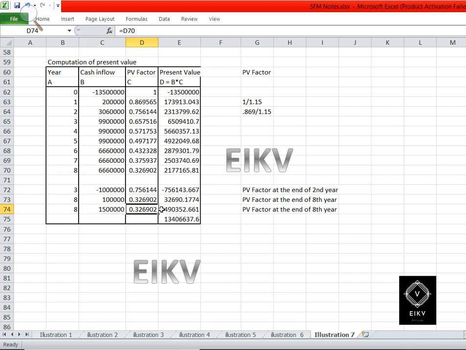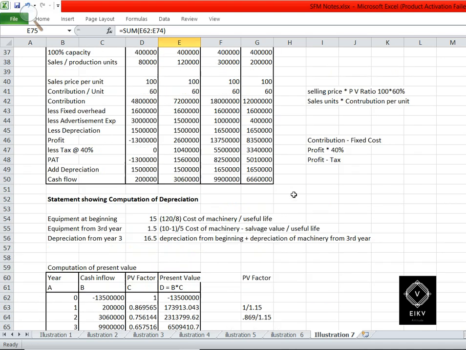So the PV factor of the 8th year shall be considered, and multiplying the PV factor with the cash inflow, we will get the present value figures, and when we sum all the present value figures, we will get 1 crore 34 lakhs and 6,637. So guys, I hope you got the complete clarification regarding this illustration.